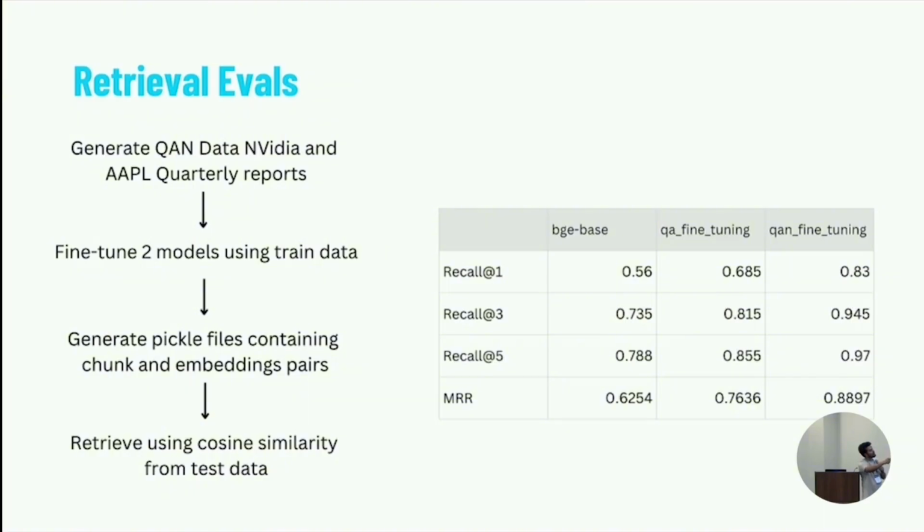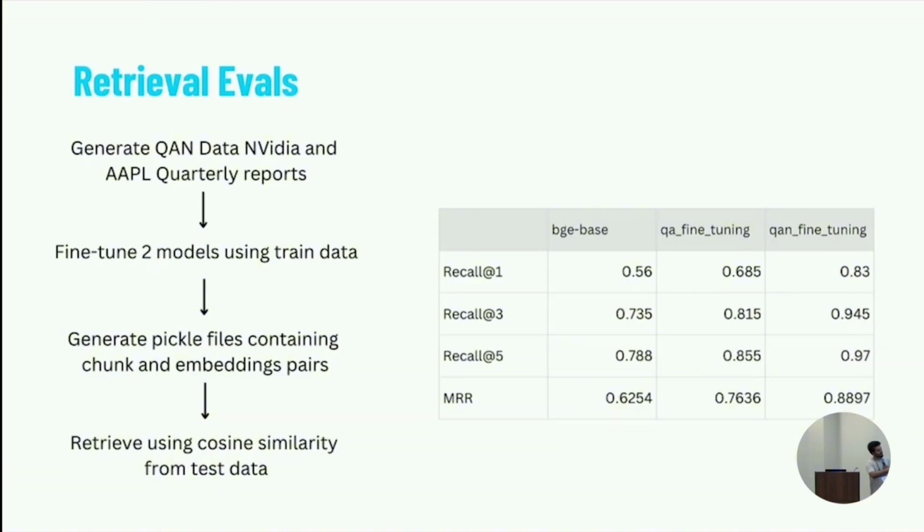Then I fine-tuned 2 models, one with just query and anchor, and one with query, anchor and negative pairs. So I generated 2 embedding models. Then I generated simple pickle files that contained chunks and their respective embeddings generated from the new models. It's like a JSON, just pickle. And then I transformed different queries and retrieved from the same pickle files.